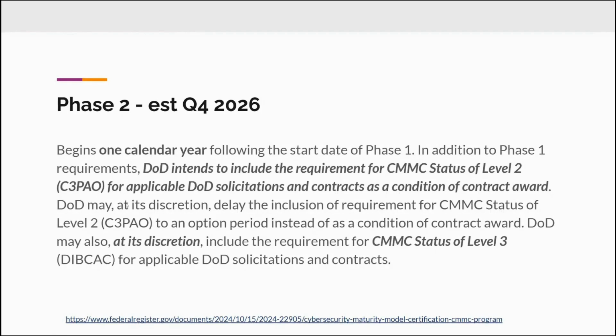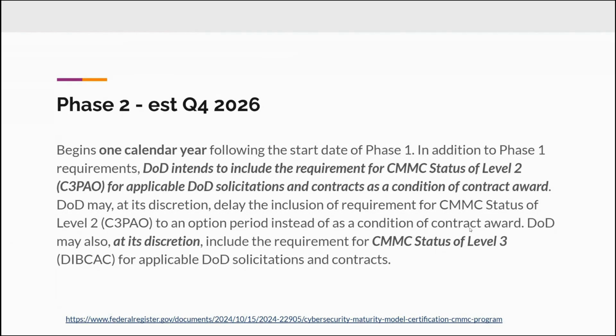They may at their discretion delay the inclusion of level 2 C3PAO to an option period instead of a condition of contract award. So they'll gauge how the rollout's going, how C3PAOs are burdened with getting people assessed and what have you.